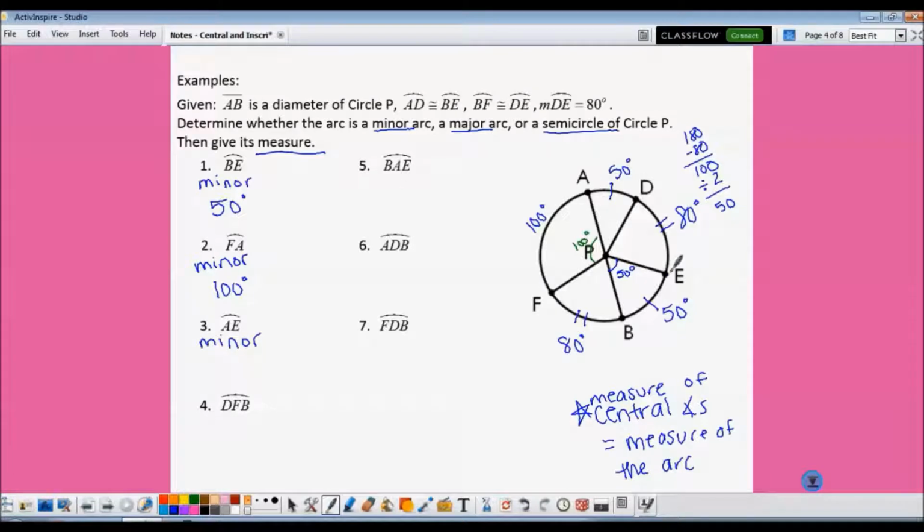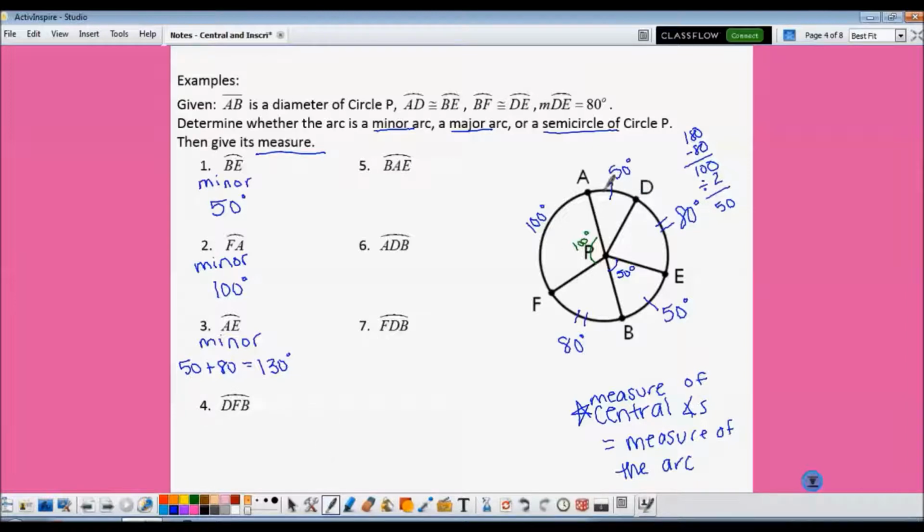A to E, well, we don't know that whole thing, but we know A to D and D to E. So 50 plus 80 means that it's 130 degrees. DFB. Now technically you can name a minor arc with 3 letters, so let's double check that this is a major arc.